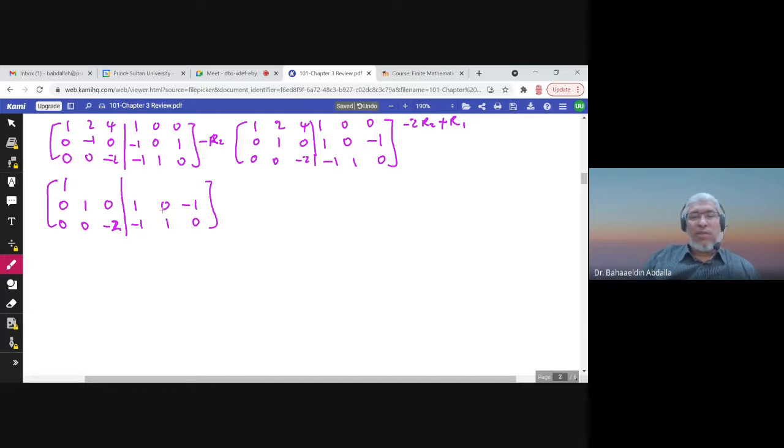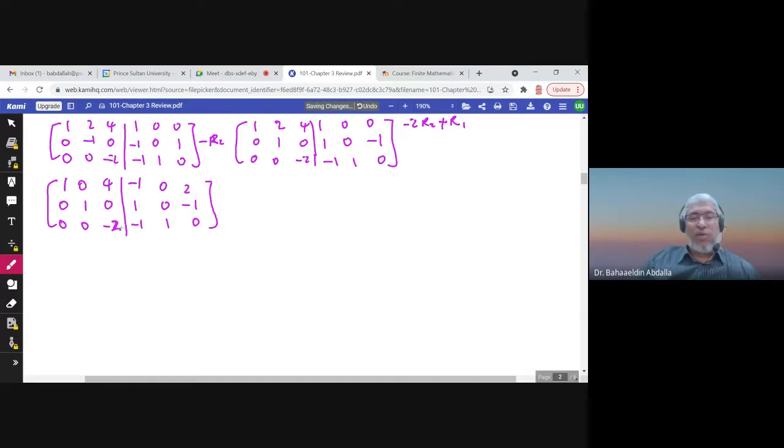And this is 0, it will not change this number, and this is 0, so this will remain 4, and this is 0. Okay. Negative 2 plus 2 is 0. Negative 2 times 1 plus 1. So negative 2 plus 1 is negative 1. Negative 2 times negative 1 is 2 plus 0 is 2.